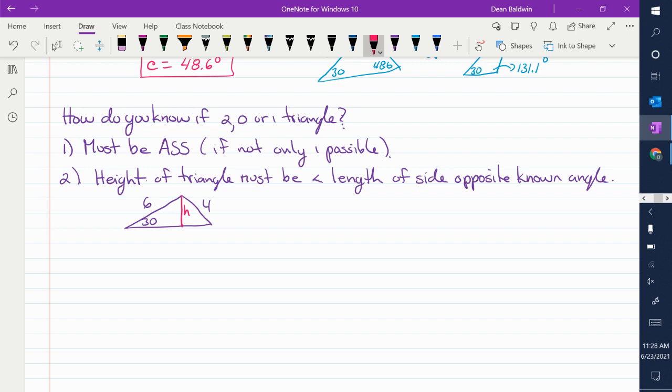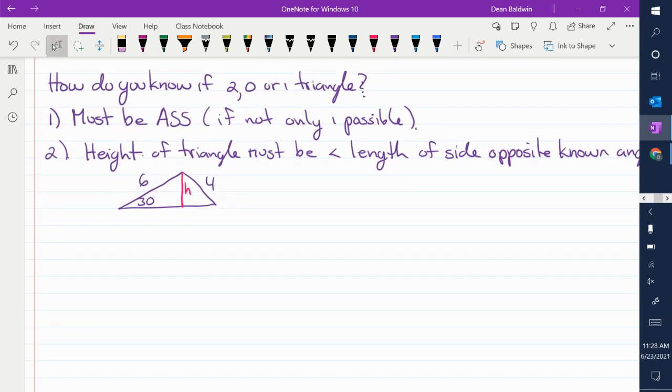What type of trig is that? It's right angle trig, right? And it's opposite over hypotenuse. So it's sine of 30 is equal to h over 6. If you solve that, you're going to get h is equal to 3. Since 3 is less than 4, this number here, you have two triangles.